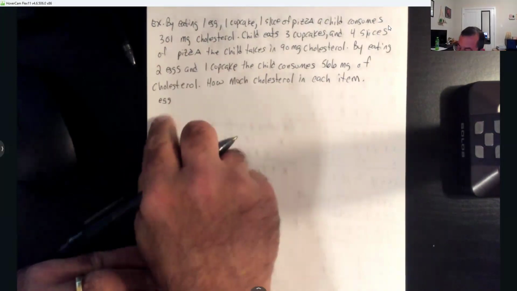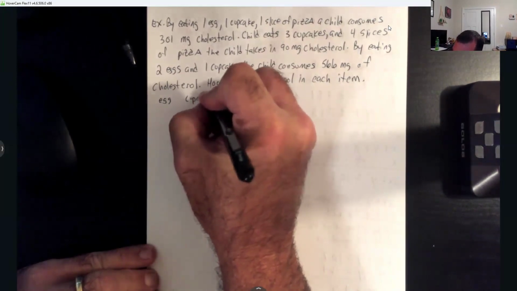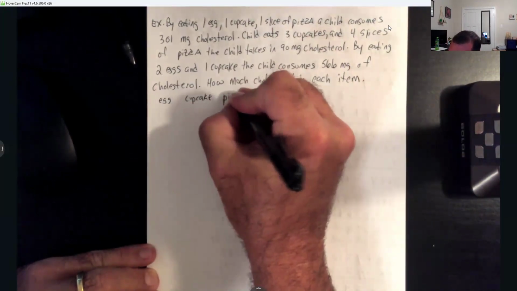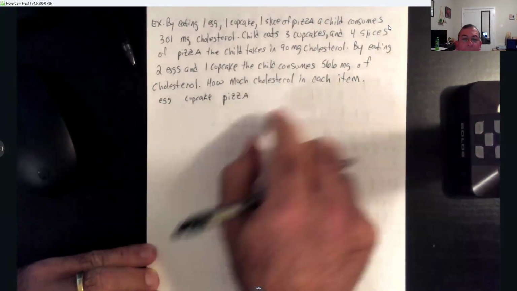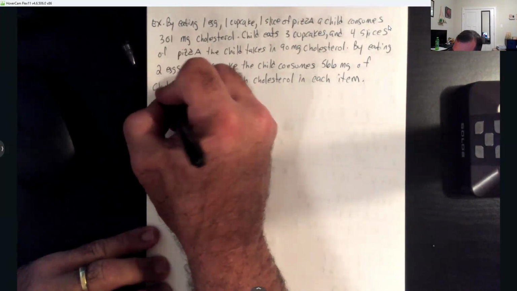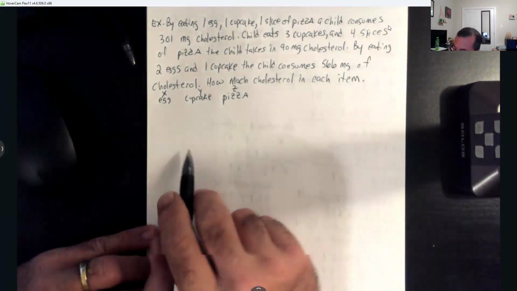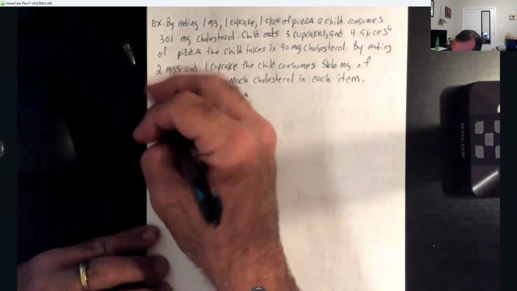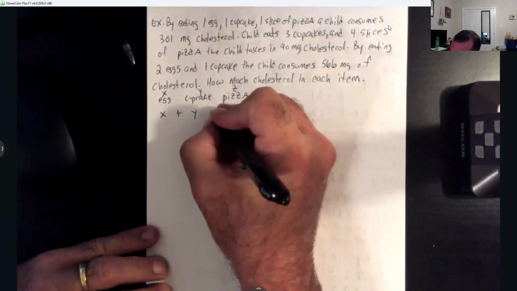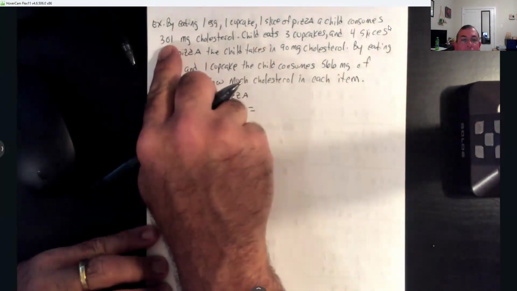So my eggs will be in the first column, cupcakes will be my second column, and then my pizza will be the third column. And then that's going to equal the milligrams, okay? So the eggs will be my X's, the cupcakes my Y's, and the pizza will be my Z, okay? So our first sentence, 1 egg, so that'll be X plus 1 cupcake plus Y plus 1 pizza will be Z. That all equaled 301.